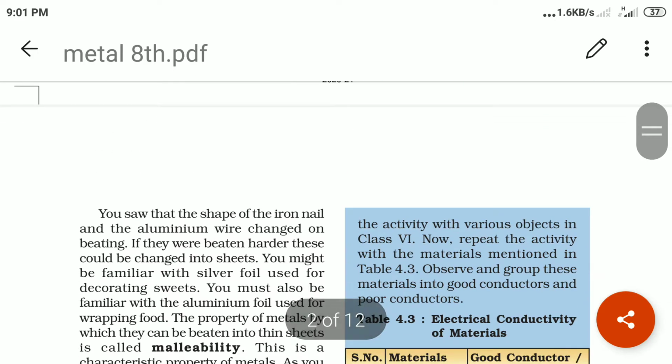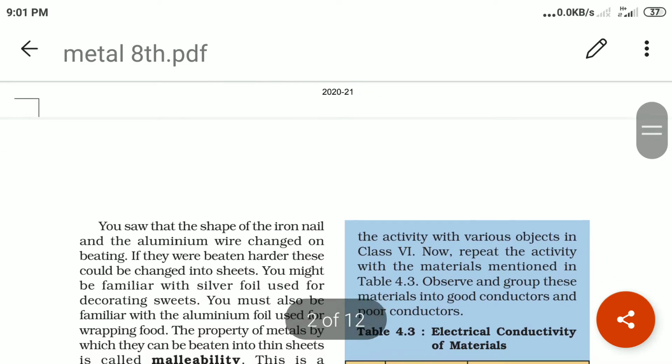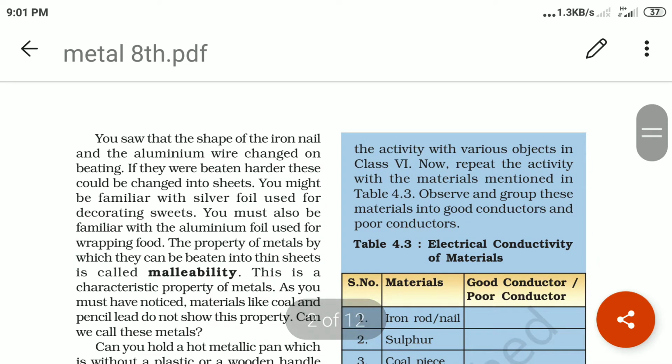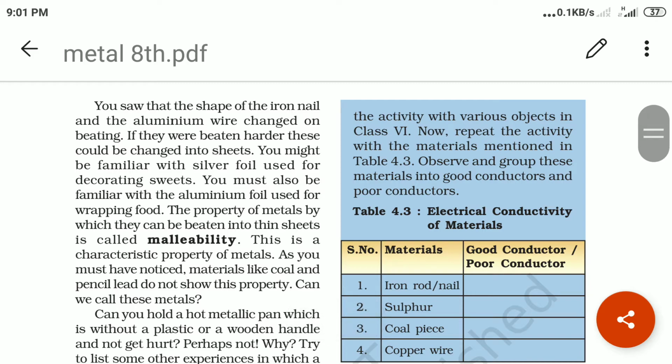That property is called the malleability of metals. You saw that the shape of an iron nail and aluminium wire change on beating. After the beating they are flattened, which means there is a change in their physical state; they are physically changed.